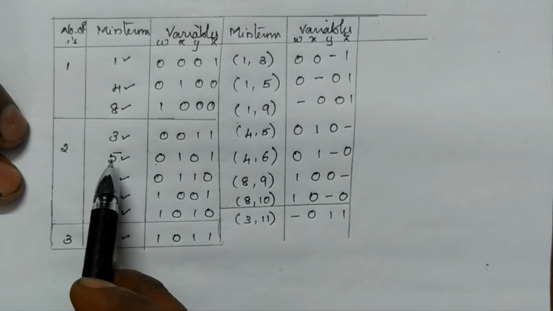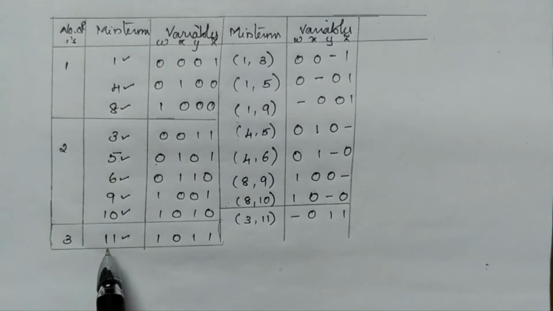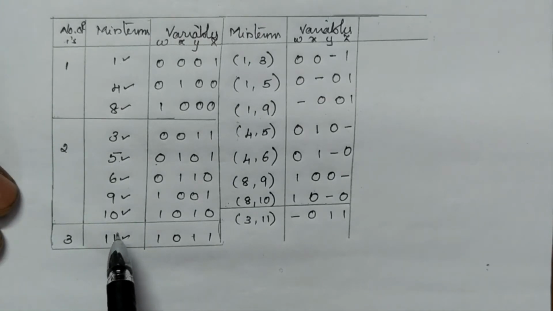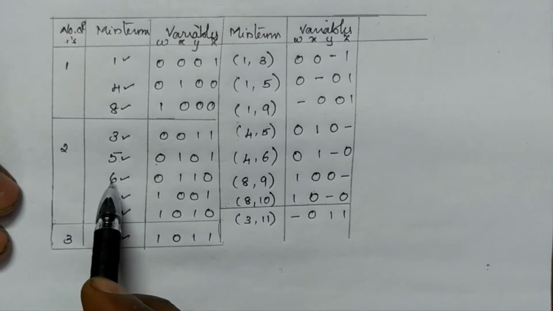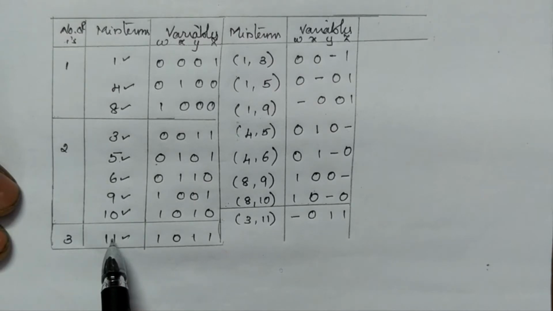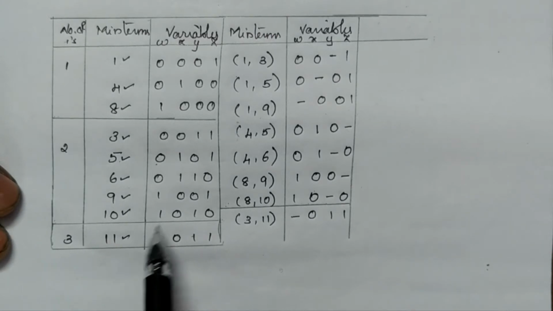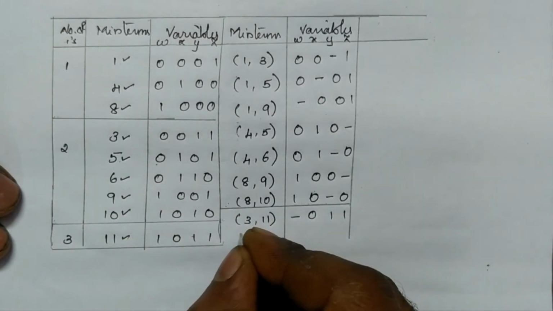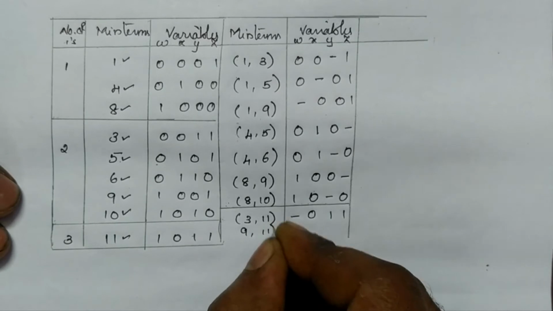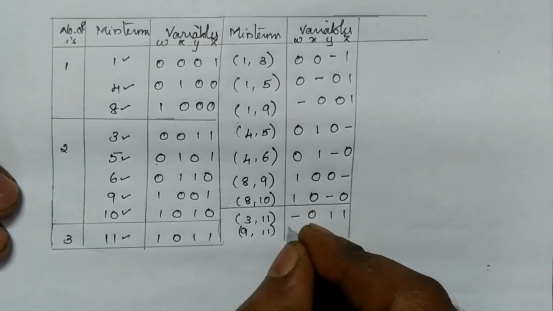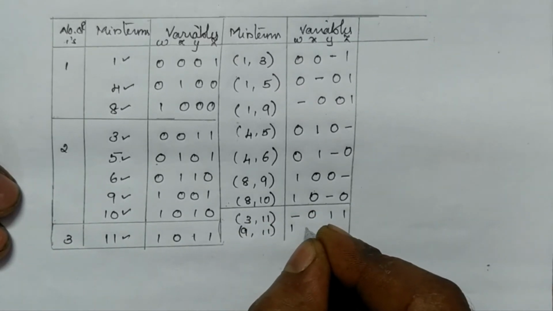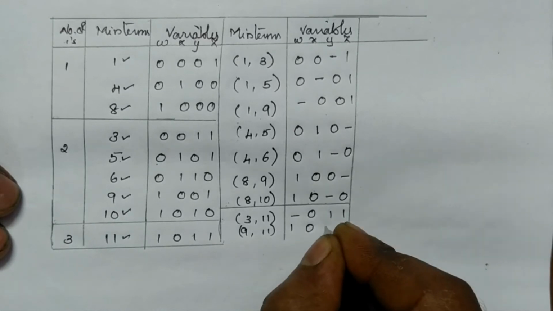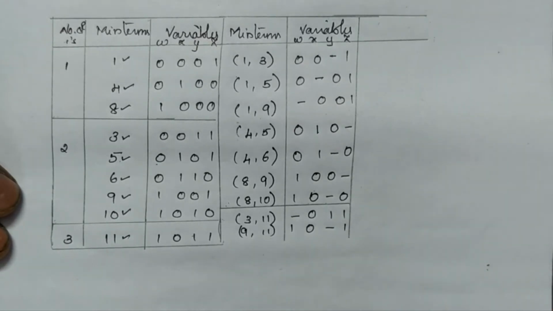Then we need to go for 5 and 11. So here it's more than 1 bit change. So then 6 and 11. Here also more than 1 bit change. Then 9 and 11. There is only 1 bit change. So 9, 11 and here the value is 1 0 hyphen 1.